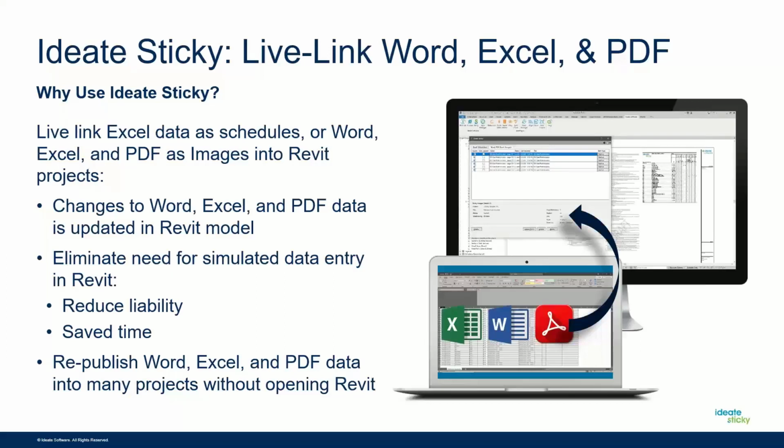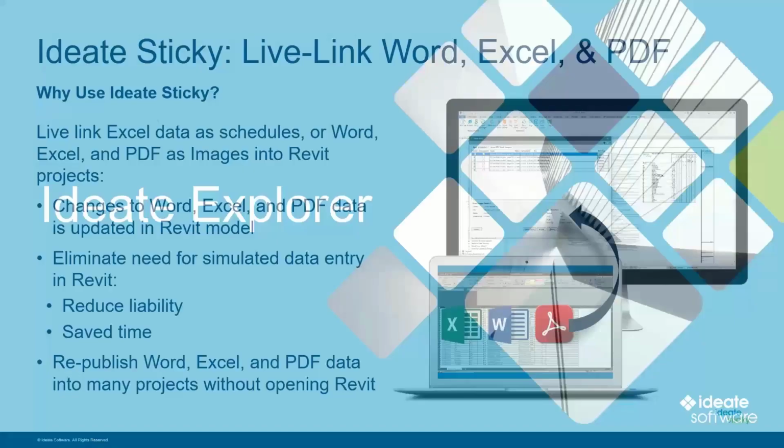Then a couple years ago, our customers asked us to do the same thing for Word and PDF. So we've introduced that as well, where you can link Word and PDF documents into your Revit model, keep them up to date, and display them as images, which is really nice. I'm going to show some examples of that as well.